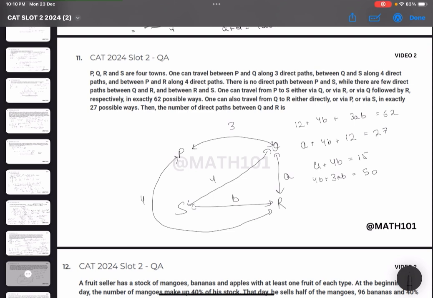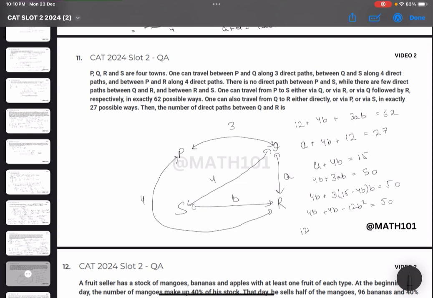So A equals 15 minus 4B. Substituting in the second equation, we get 4B plus 3 times (15 minus 4B) into B equals 50. So 4B plus 45B minus 12B square equals 50.